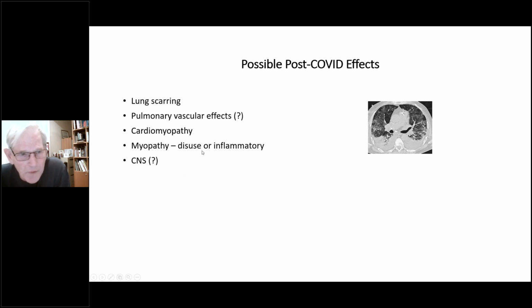Peripheral myopathy is not uncommon in people who come out of ICU with lungs like that, but it's also been postulated that post-COVID there might be an inflammatory myopathy, and there may be some evidence for post-COVID CNS disease. That's what we know at the moment, but none of this is well characterised, and some of it is inferred from previous severe respiratory viruses such as SARS and influenza.